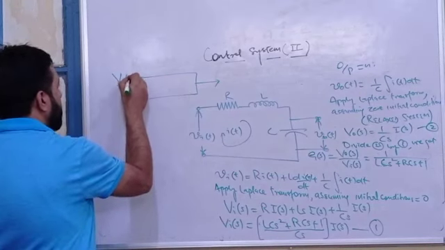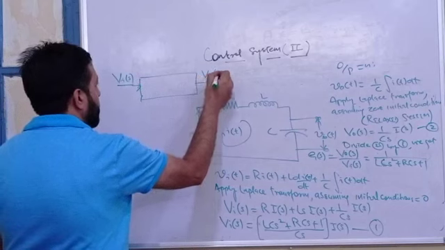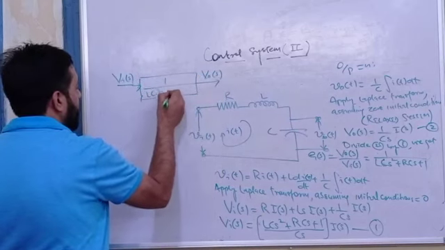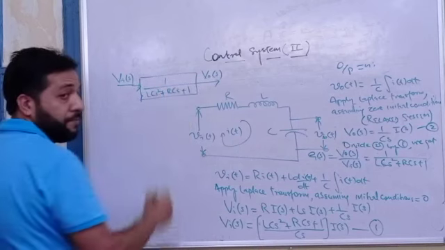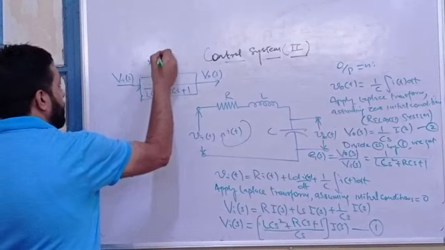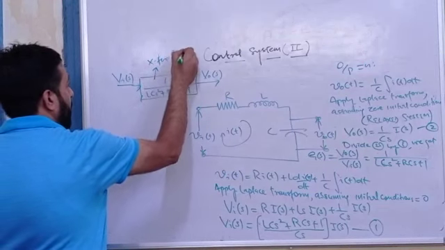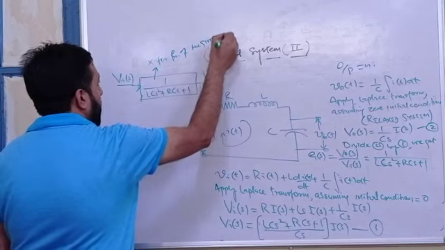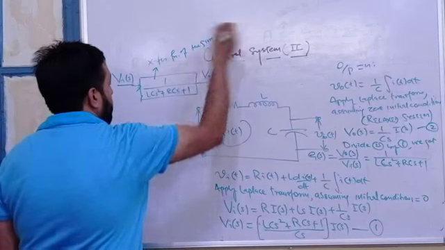This is VIS, this is V naught S, this is 1 upon LCS square plus RCS plus 1. This is the transfer function of the given system. सही है.